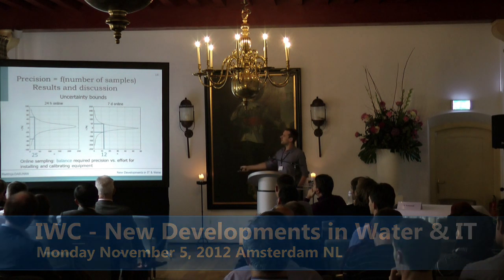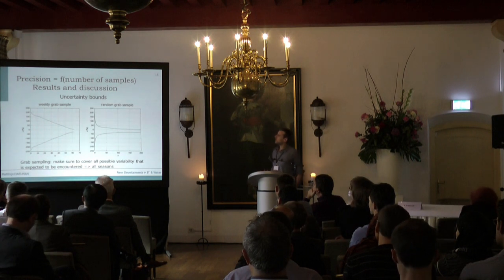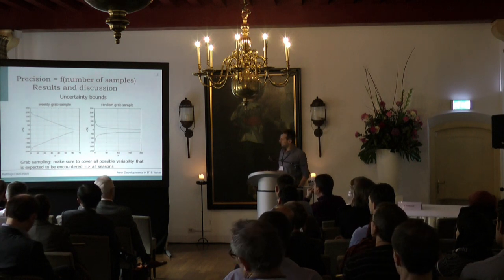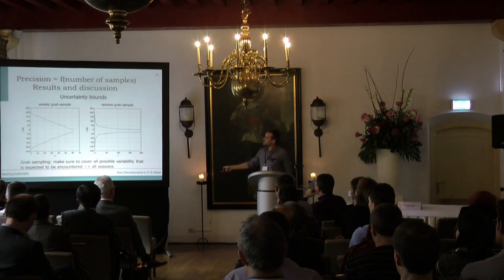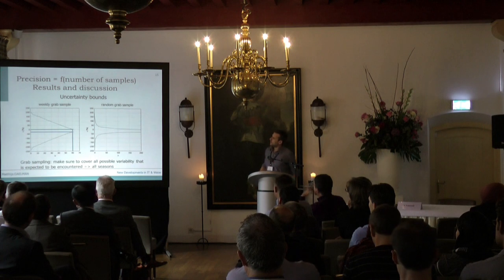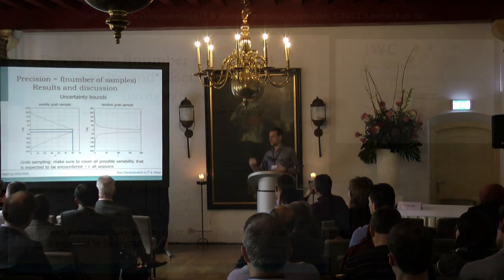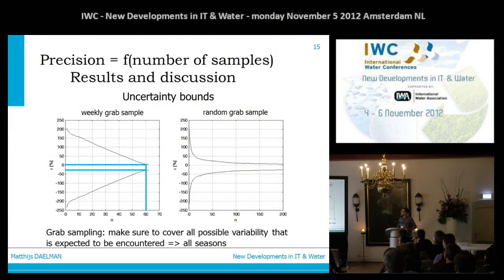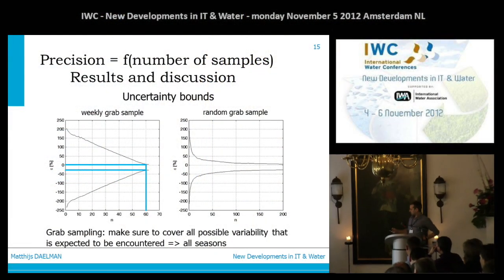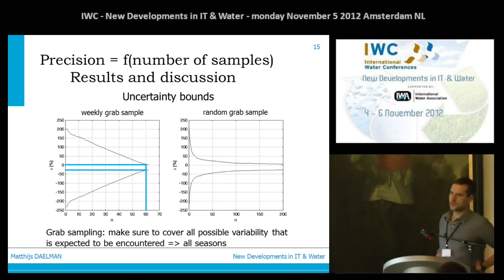We also did this for the other sampling strategies, for the weekly grab sample and for the random grab sample. What you can see here, if you use a weekly sampling campaign of 60 weeks, so you take a sample every week during 60 weeks, then your precision will be like 25%.